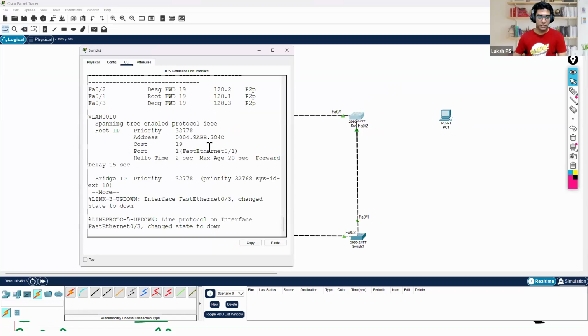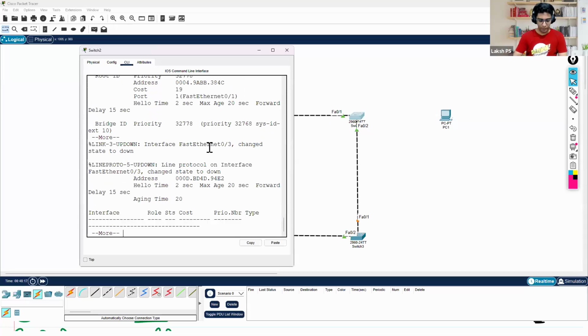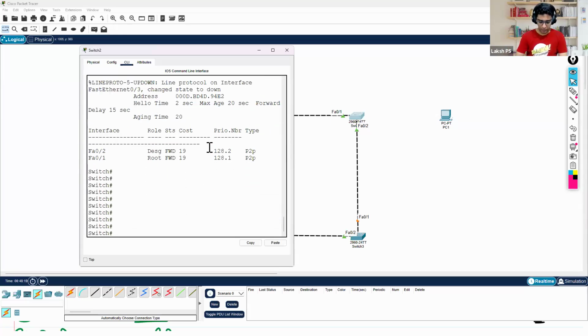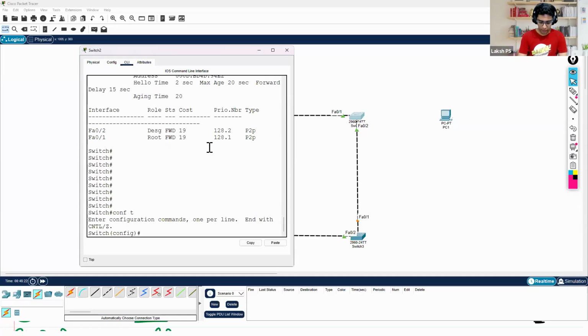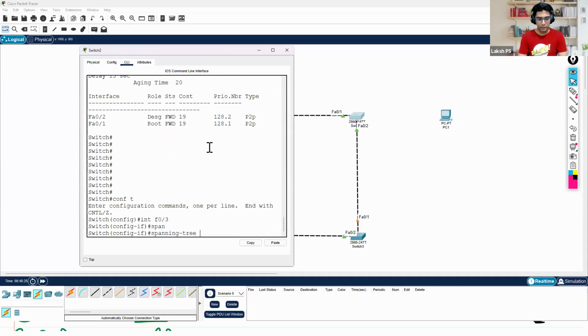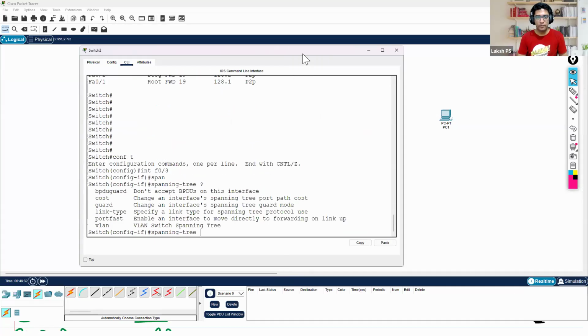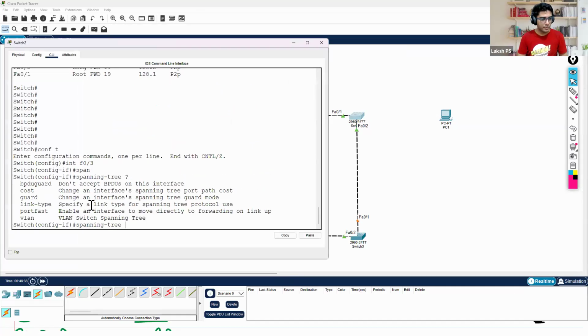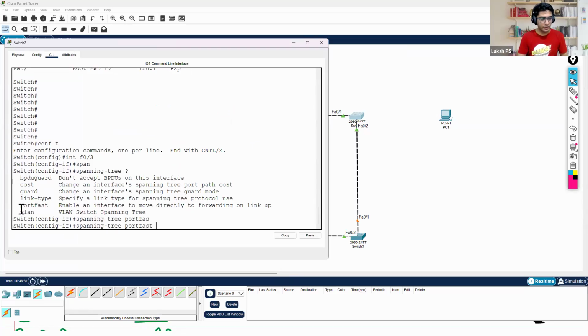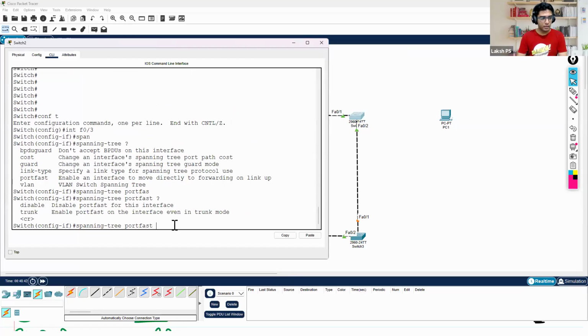On fast Ethernet 0/3 of switch number 2, configure terminal, interface fast Ethernet 0/3, spanning tree port fast. You can see this is spanning tree port fast, and question mark. Okay, spanning tree port fast.